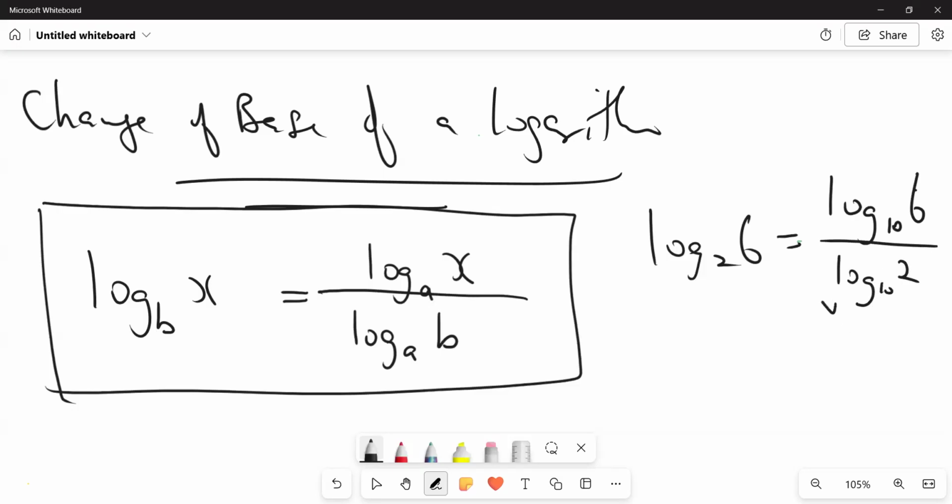The calculator will give you this, the calculator will give you that. Just find log 6, divide by log 2, and you will get your answer. I don't know what it is, but I'm just showing you how useful change of base is. And you'll keep this formula. You will need it when you have to solve certain types of equations, and more so in calculus.